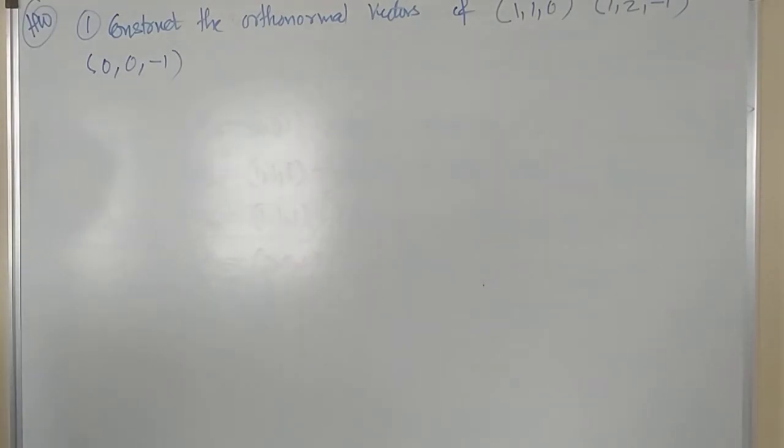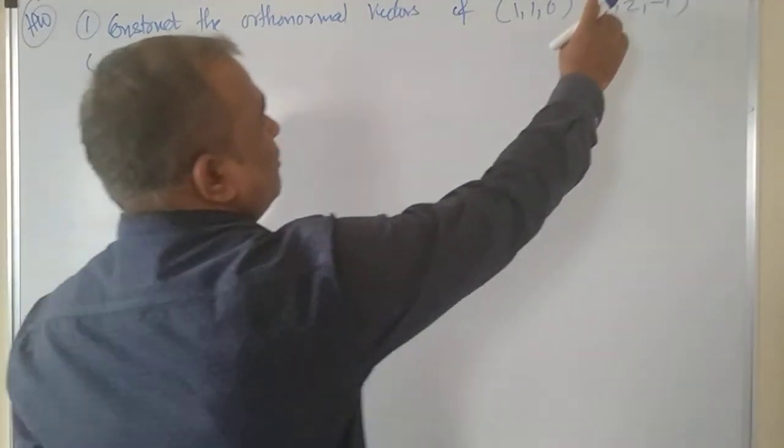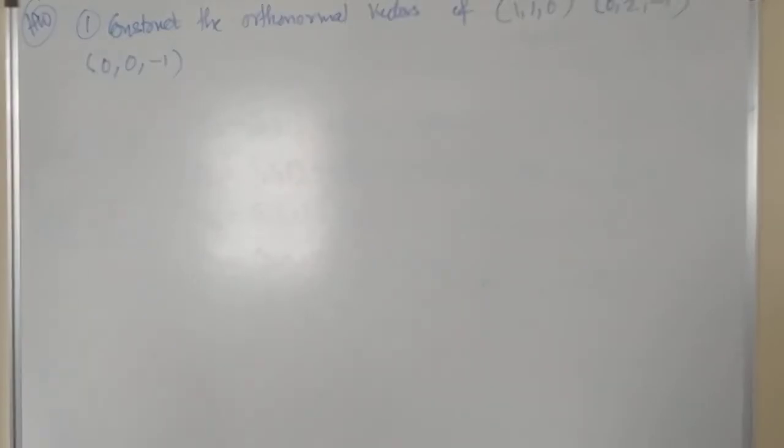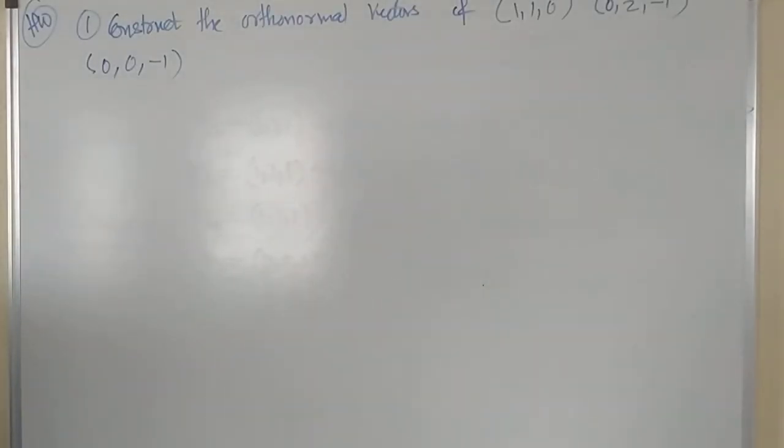Second is 0, 2, minus 1. And your third vector is 0, 0, minus 1.